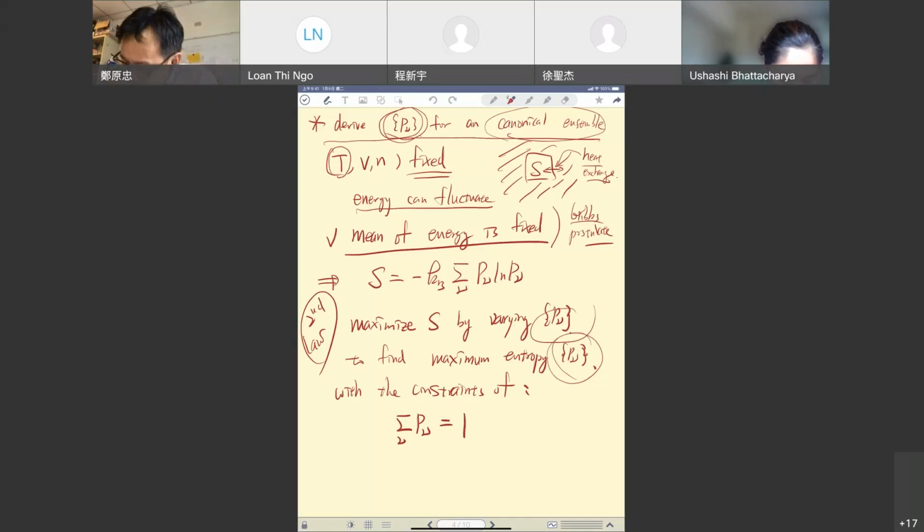Also, because we want the mean of energy to be fixed, like this Gibbs postulate, the mean of energy means the probability times the energy of that state, summed over mu, and this is some fixed mean energy, a constant.